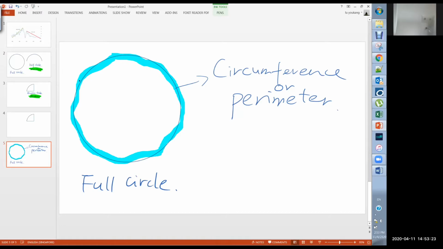Right now I'm trying to get you to familiarize yourself with all the terms. So when I ask what's the perimeter, you should point to it. The length of this thing is called the perimeter.